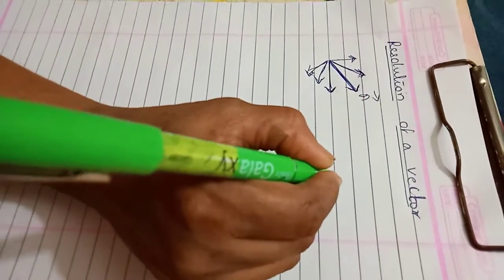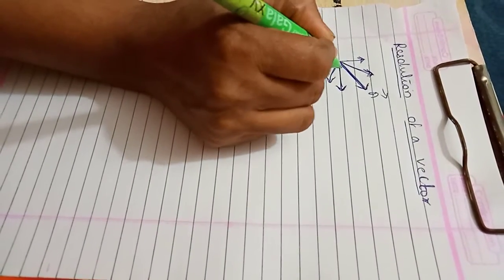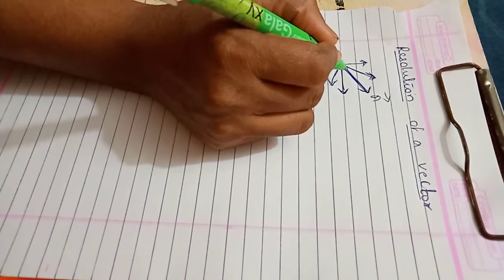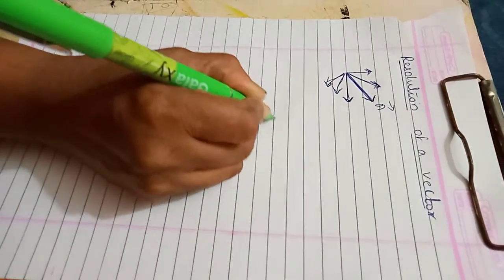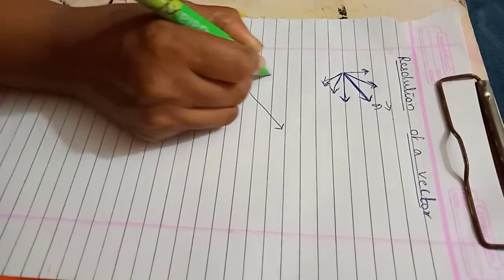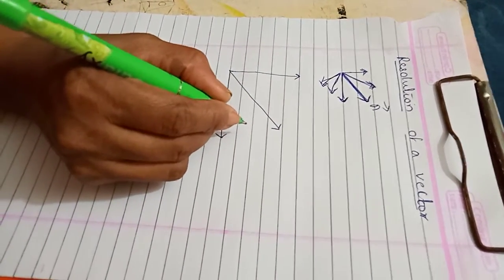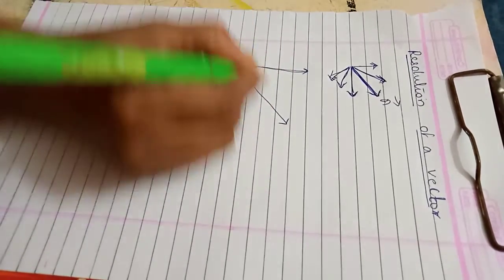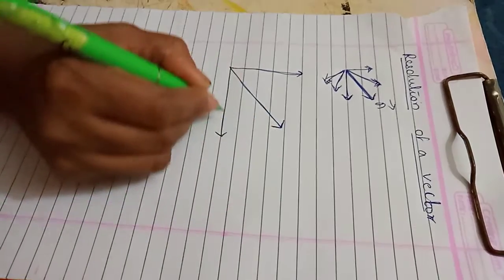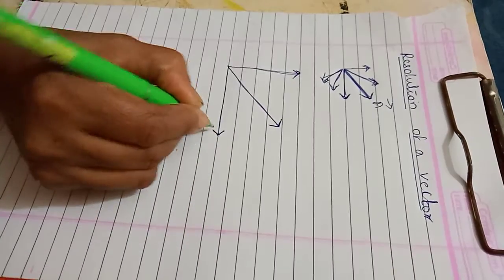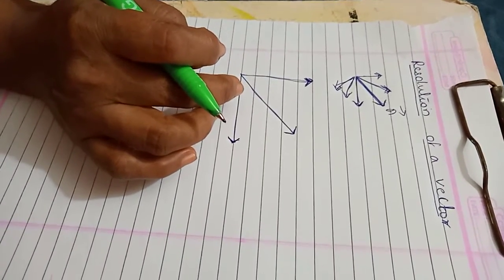The components may be in any directions as I have shown in the diagram, or at any angles with each other. But follow this diagram now, if the given vector is resolved into two components which are perpendicular to each other, then the components are called the rectangular components of the given vector.